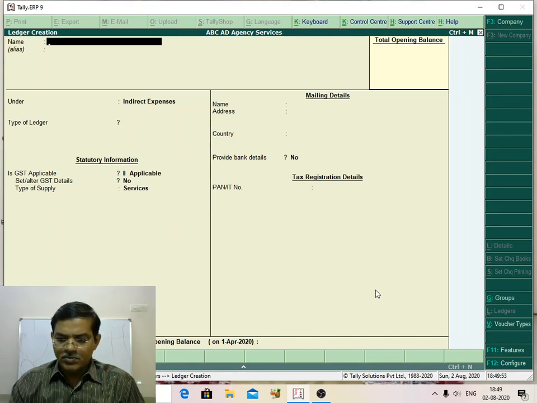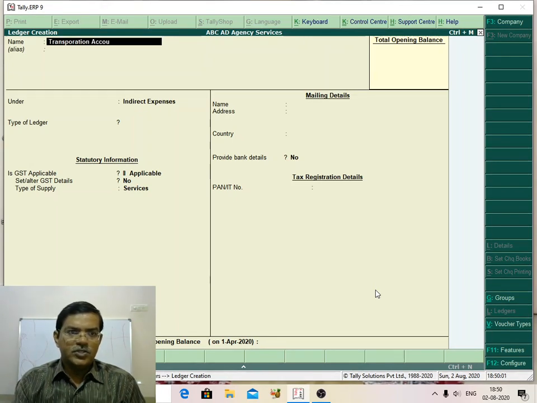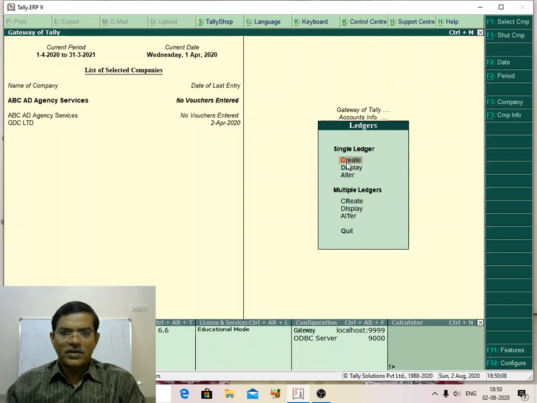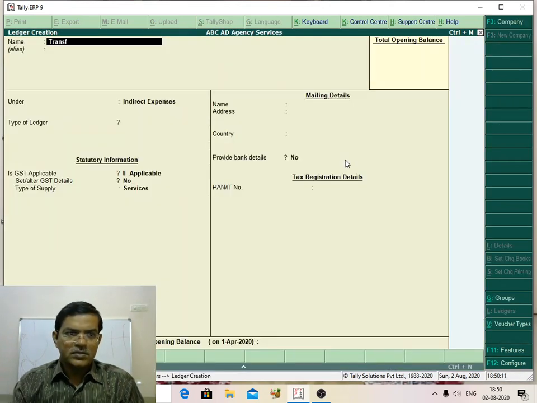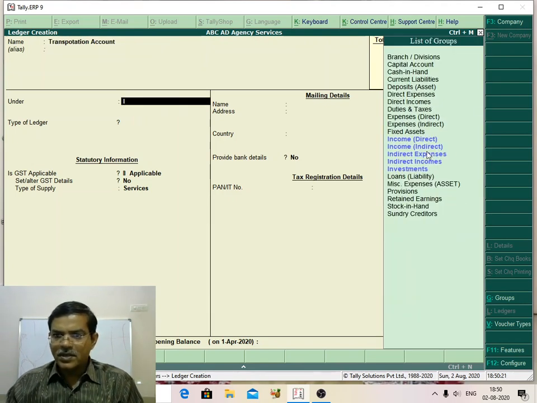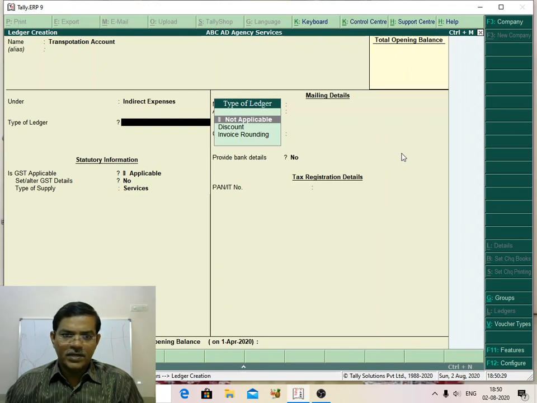Now I am going to create one more account, that is transportation. Transportation account. I feel it is a direct expense, but I feel it is also fine under the indirect expenses accounting category.